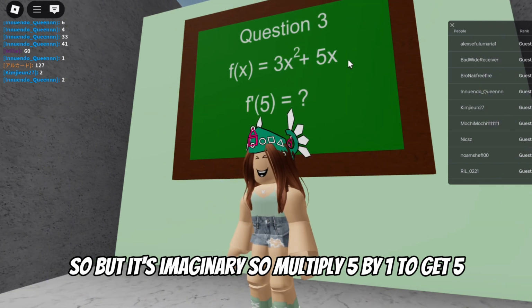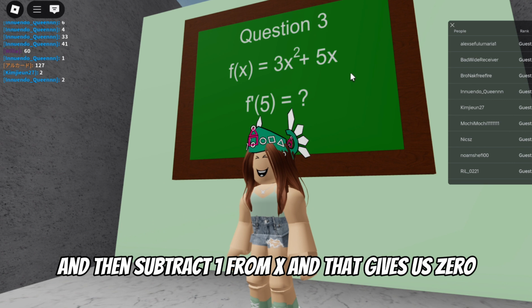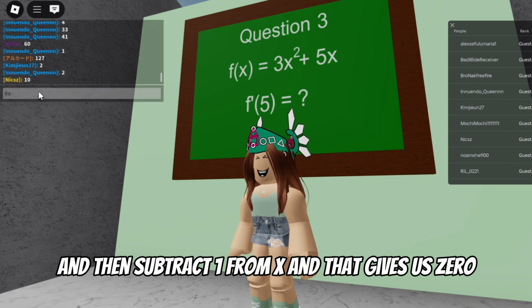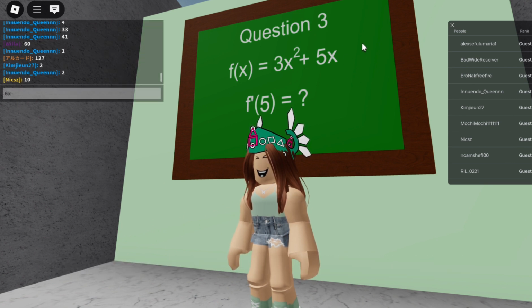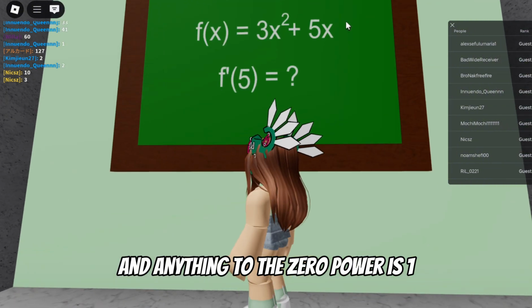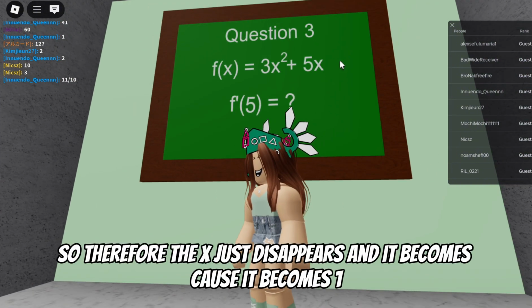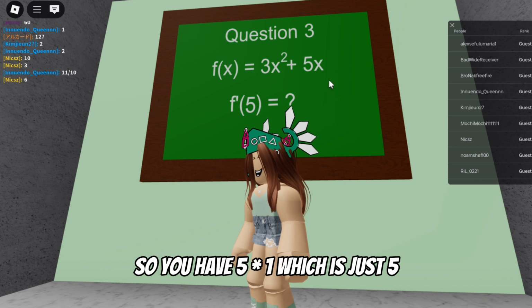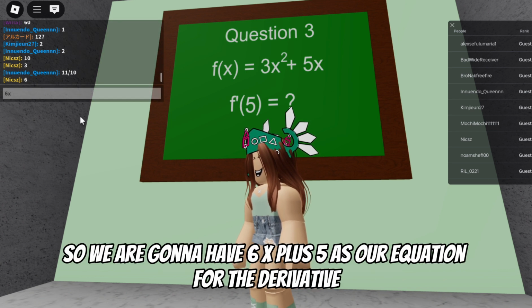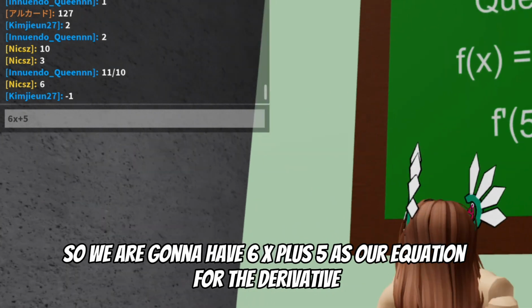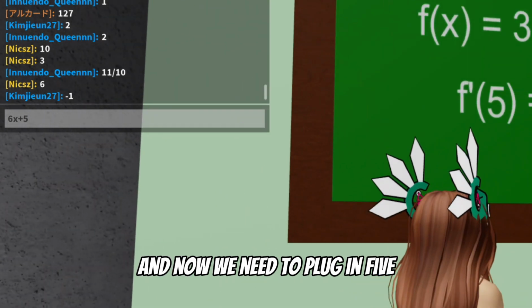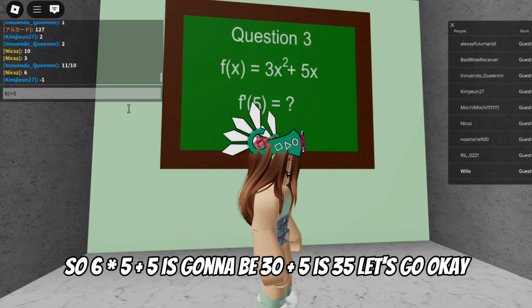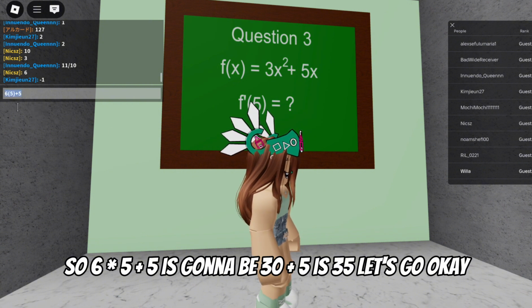So multiply 5 by 1 to get 5, and then subtract 1 from the exponent, and that gives us 0. And anything to the 0 power is 1. So therefore, the x just disappears, and it becomes 1. So you have 5 times 1, which is just 5. So we are going to have 6x plus 5 as our equation for the derivative, and now we need to plug in 5. So 6 times 5 plus 5 is going to be 30 plus 5 is 35.